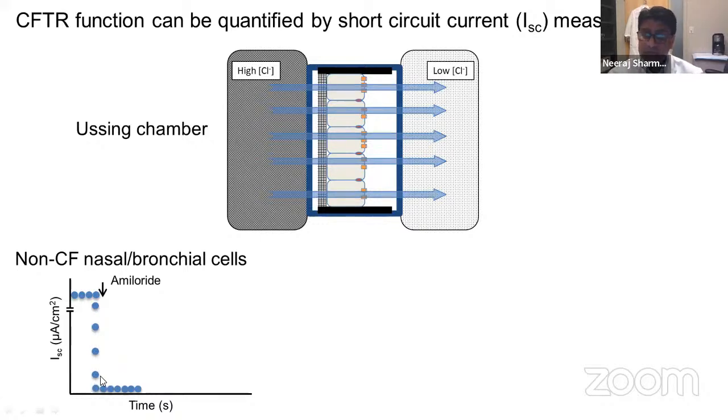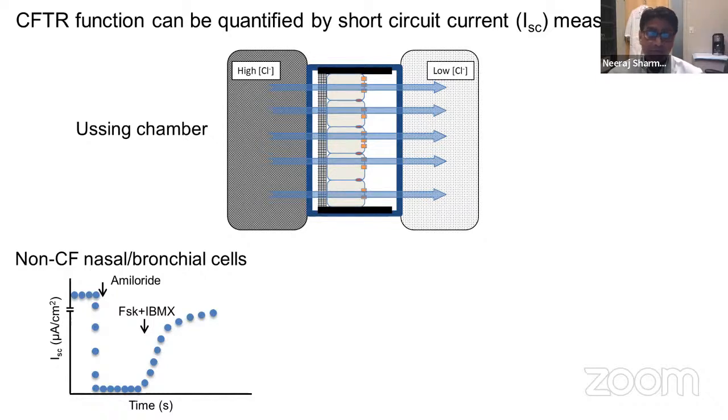Once that ENaC activity is inhibited and the short circuit tracing again stabilizes, now the trick comes where we add forskolin and IBMX, which increase the cyclic AMP levels. We know CFTR is a cyclic AMP mediated chloride channel.